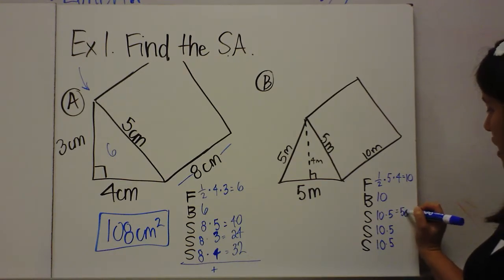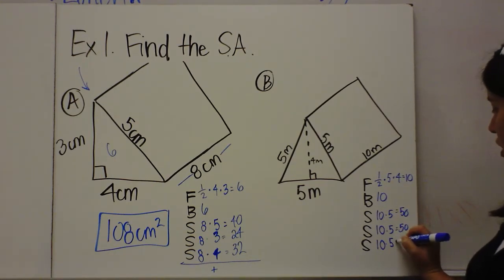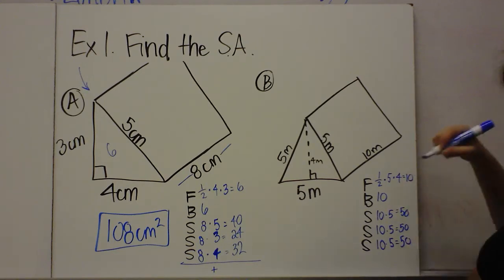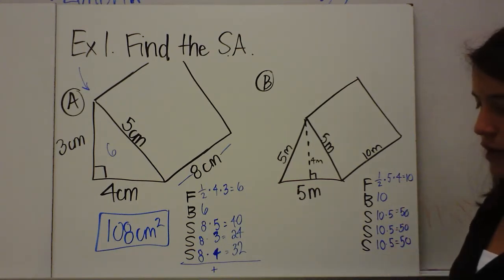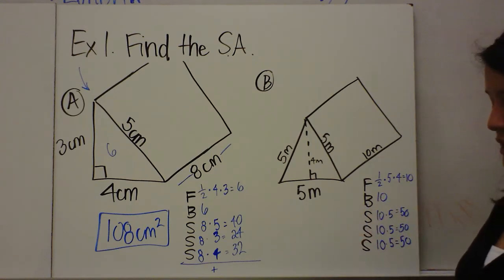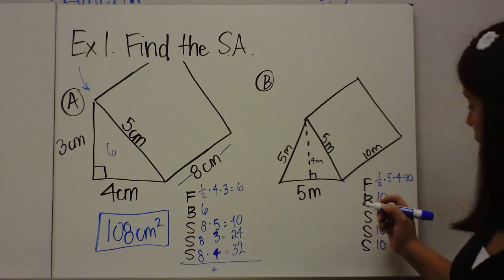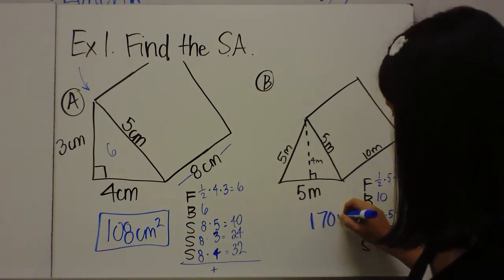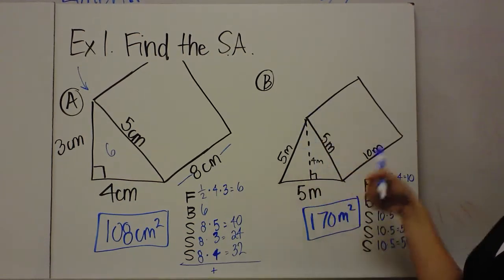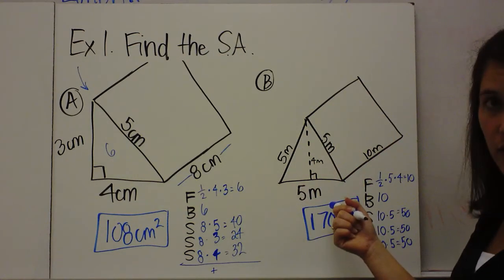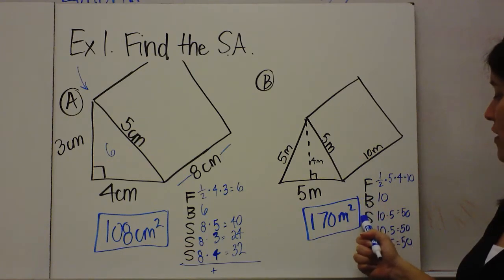And we get 50, 50, 50. I hope you can see that. So when you add these up, you're going to add up 10 and 10, and then 50 3 times, and we get 170 meters squared for the surface area of this triangular prism, the front and the back and the 3 sides.